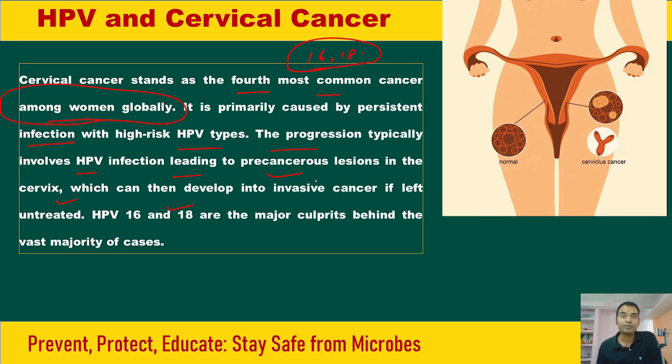Very important: initially infection occurs, and then it continues and produces a precancerous lesion, and then develops into invasive cervical cancer if left untreated. Very important: HPV 16 and 18 are the major culprits which produce this type of cervical cancer.